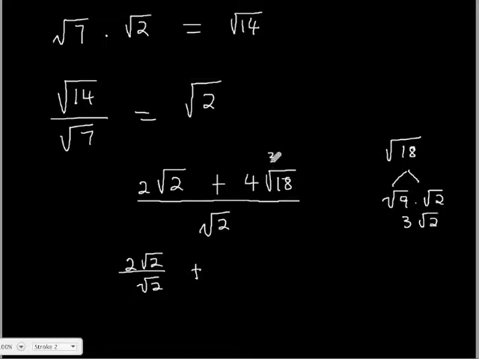So if you change this to 3 root 2, you will have 12 root 2 over root 2. If you separated them as two separate fractions, you can actually cancel the radicals here. And your final answer is 2 plus 12, which is 14.